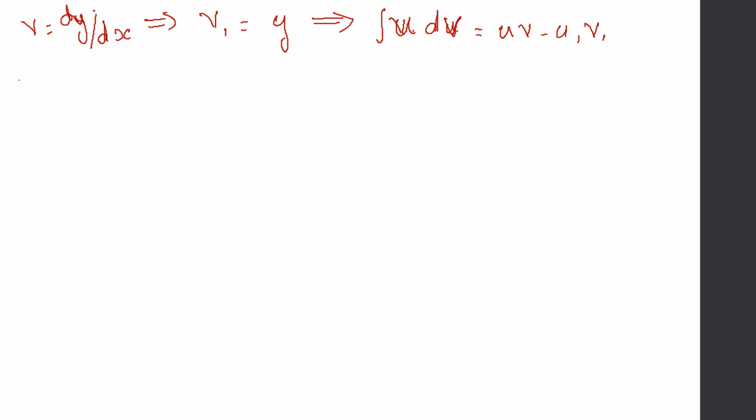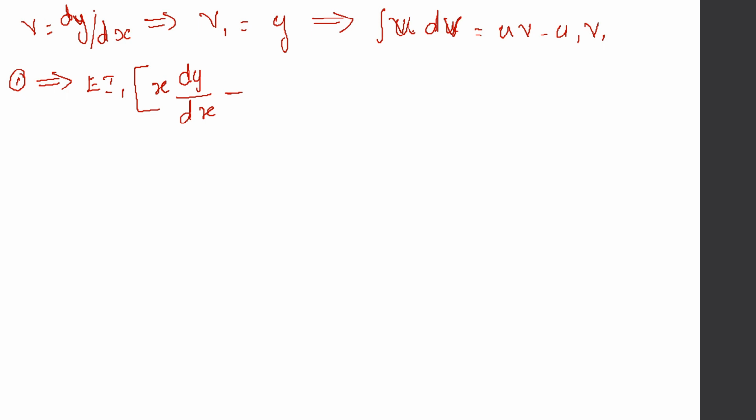From this, differentiating, we get v1 is equal to y. We know integration of u dv is equal to uv minus integration of u1 v. Therefore, our equation number 1 becomes EI1 into x dy by dx minus the integral of u1 v.